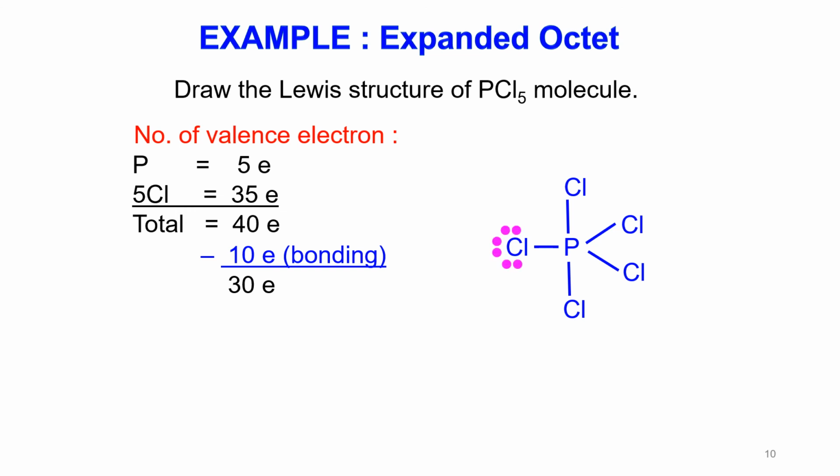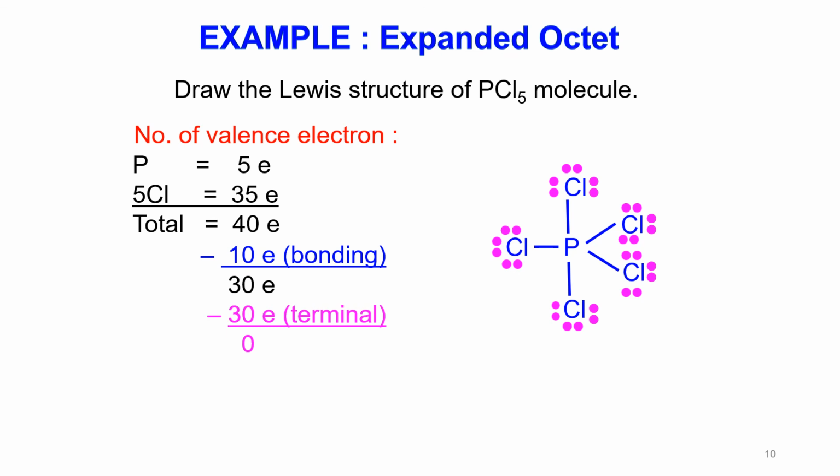Then we put another 6 electrons for each chlorine to achieve octet. So now chlorine achieves octet. 30 electrons at the terminal and no more electrons.